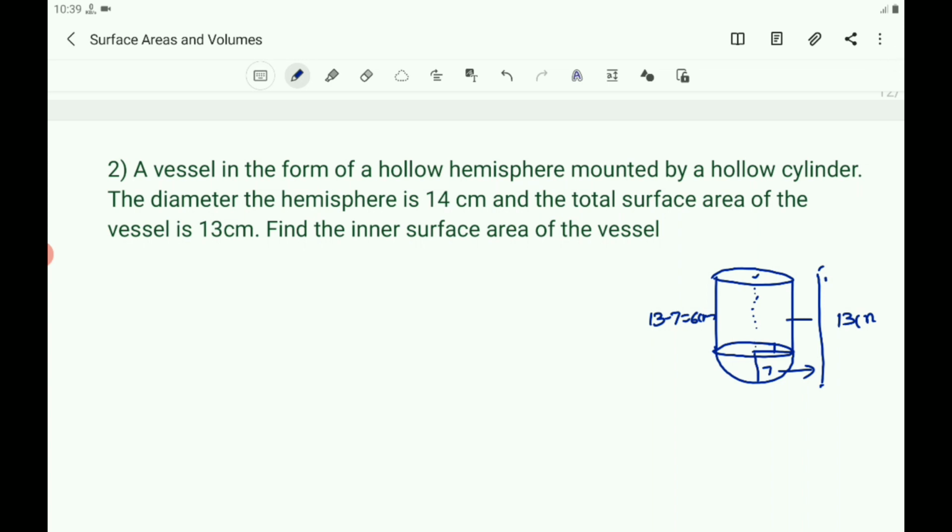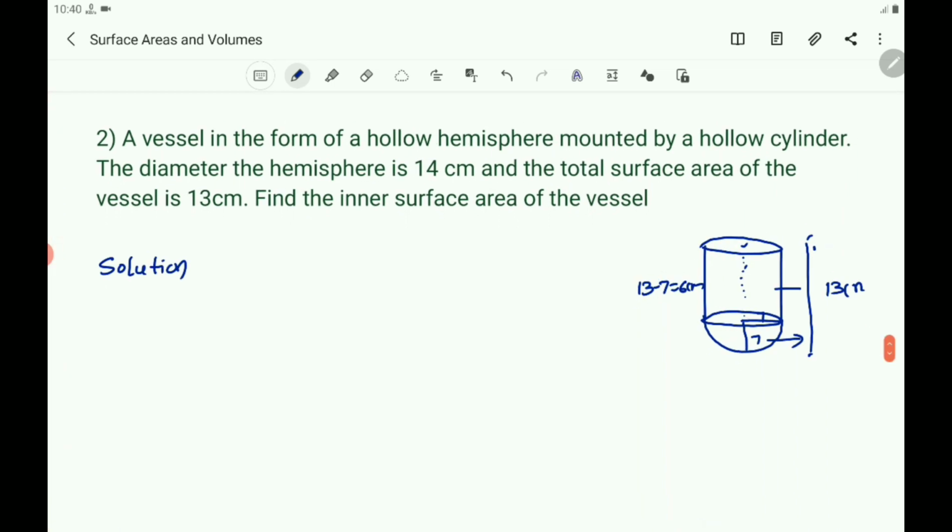Now take the solution here. The diameter for both the cylindrical portion and the hemispherical portion is the same.